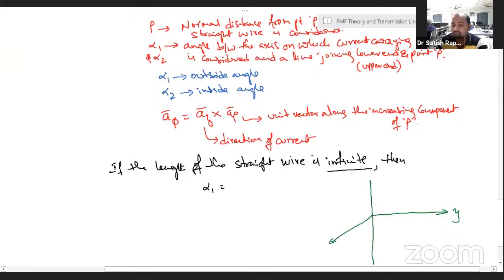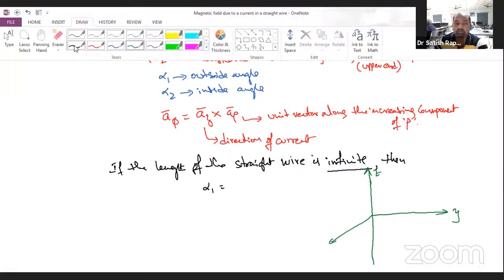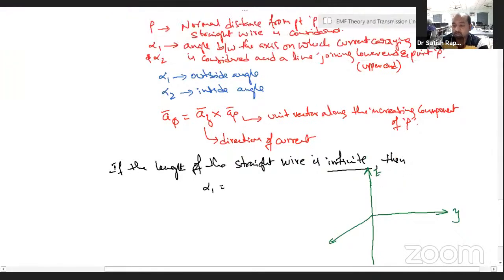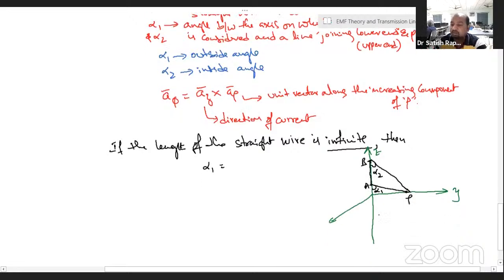If you want more clarity, let me explain like this. So this is the y-axis and z-axis, and this is the current carrying conductor which we have considered on the z-axis, A, B. This is the point of interest, and this is alpha 1 and this is alpha 2.